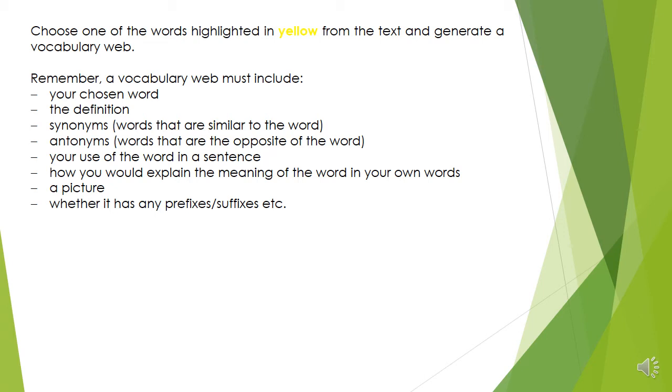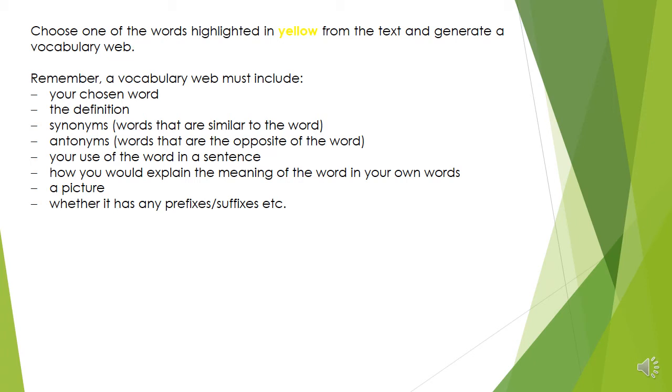You will then use your word in a sentence, and you will then explain the meaning of the word in your own words. So you'll have your dictionary definition, but sometimes it's better if we come up with our own definition to really help embed that word into our minds so we really know what it means. You might want to draw a picture to help you define what that word is.